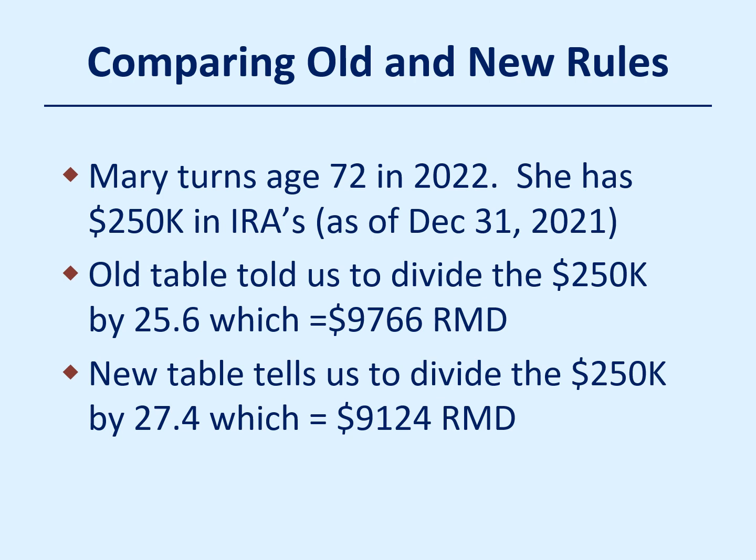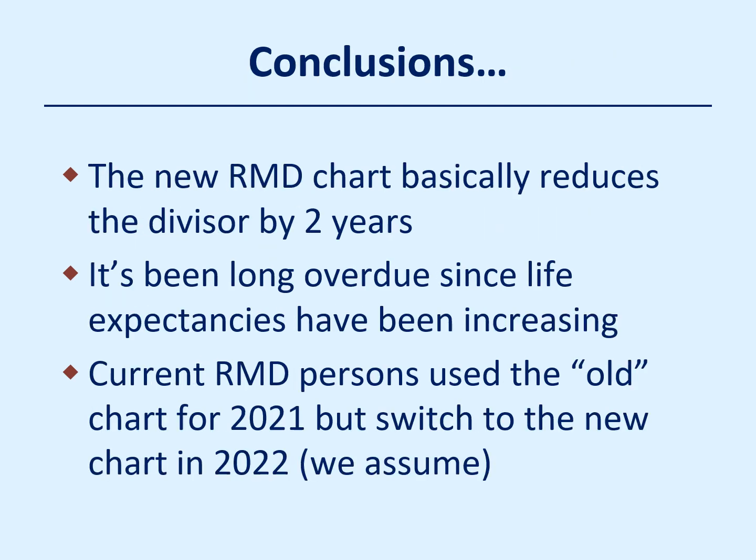Well, now the new table tells us we take that same $250,000 and divide it by 27.4, which gives us an RMD of $9,124. So it's roughly $640 less that Mary has to take out based on the fact that life expectancy is now longer.